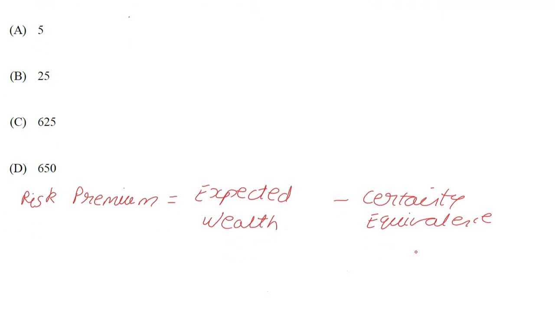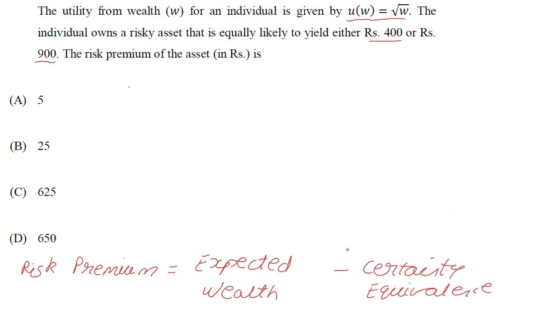So the formula for risk premium is the expected wealth, EW, minus the utility of certainty equivalence, minus the certainty equivalence, which is this. Getting into the utility calculation, we will do next.